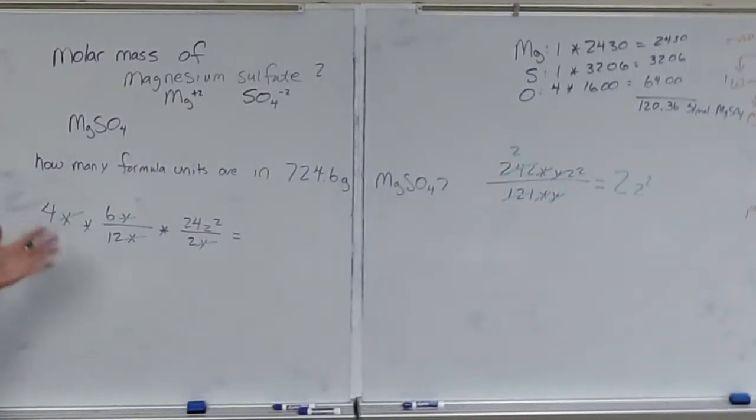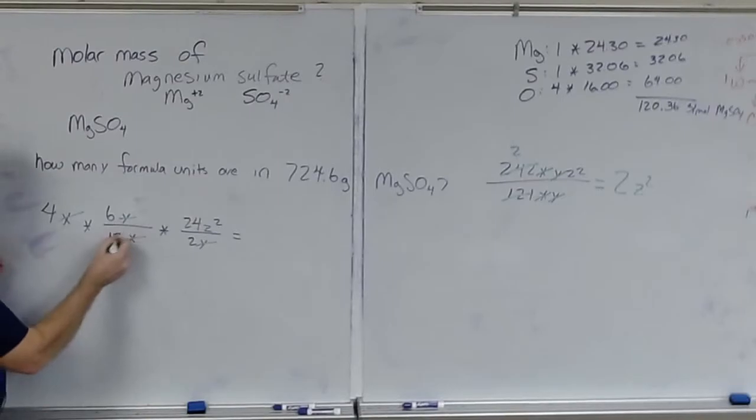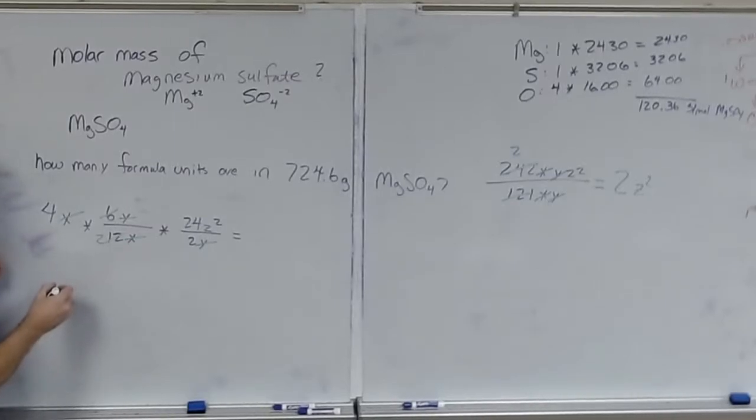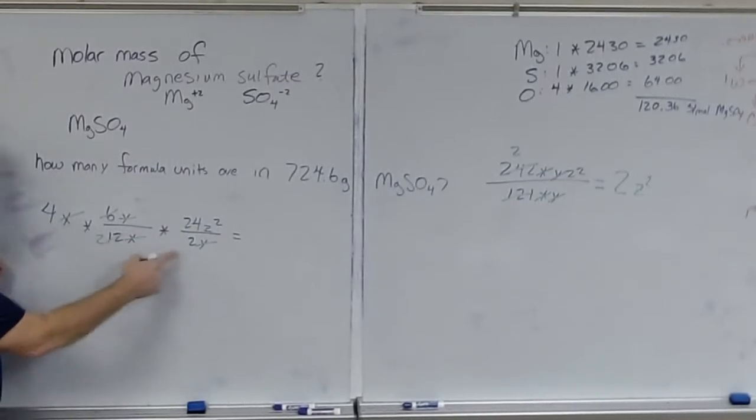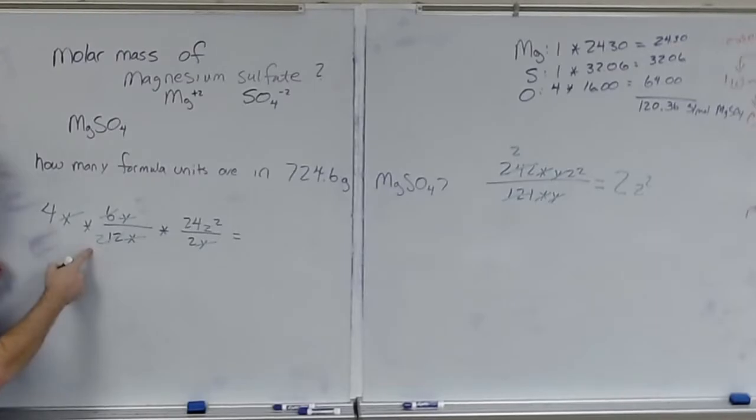All right. Now let's look at our numbers. There's some numbers we can simplify. What could I do here? I can make that a 2. What else could I do? So 4 and 2 could simplify, right?